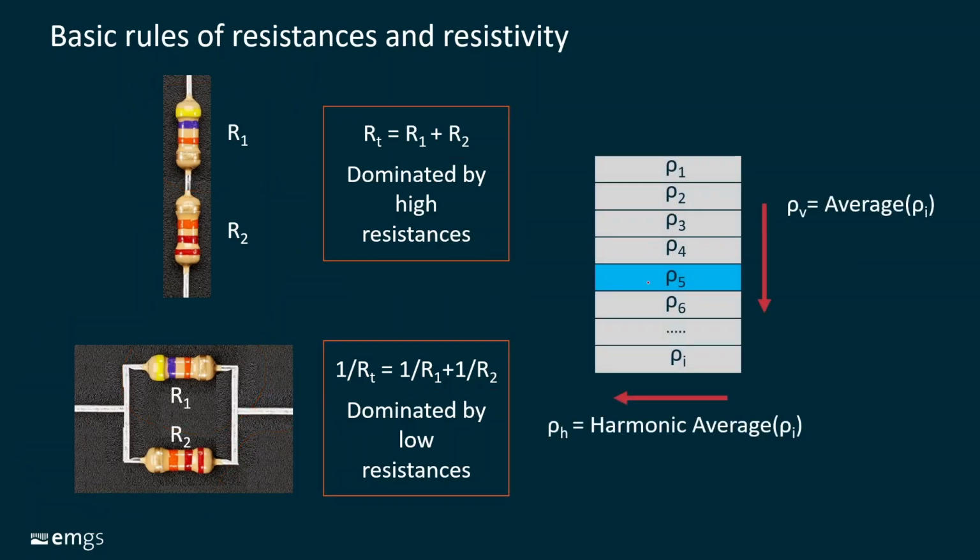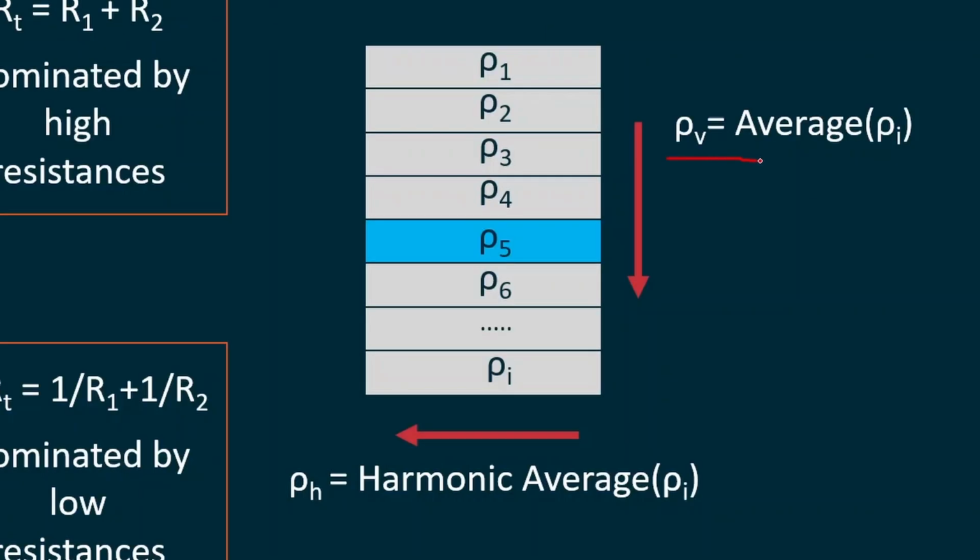Now, if we are considering a layering, very similar principles apply. So if you're trying to flow a current normal to the layering like this, that current must flow through all the different layers. And the average resistivity of those layers, which is what we're interested in, because now we're interested in resistivities rather than resistances, will be the arithmetic average resistivity of all of the components.